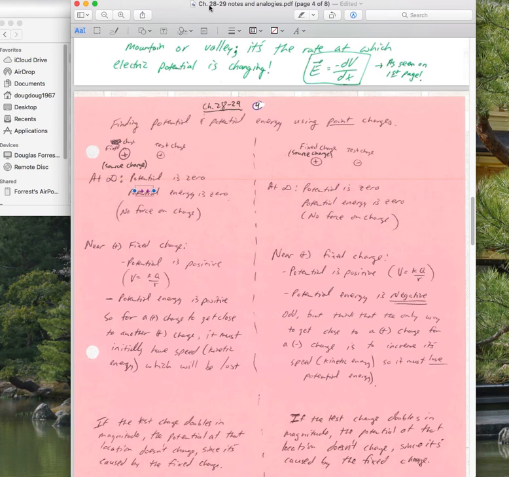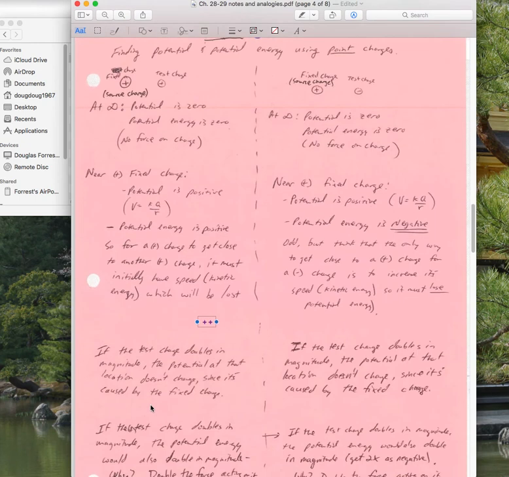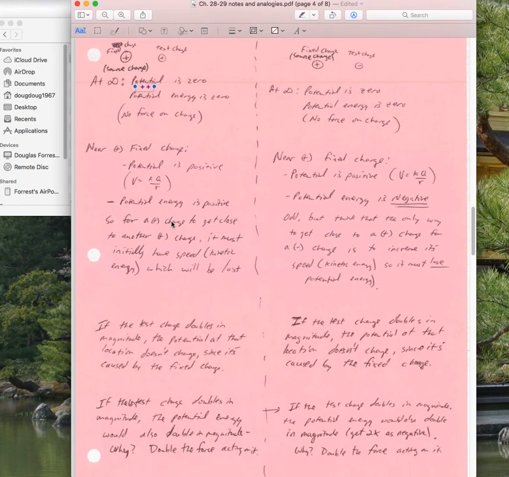So I would have to do twice the work. When we think about the idea that electric potential energy is Q times delta V, the delta V as you bring it from far away is still the same amount, but the charge is twice as much. So it would take more work, and I would increase by double the amount of electric potential energy if I move 2 charges from an infinite distance away to very close.